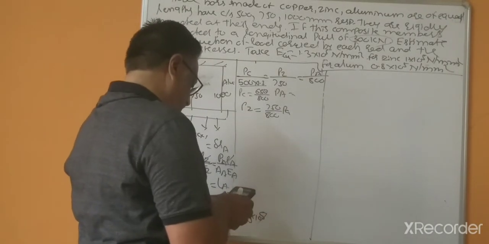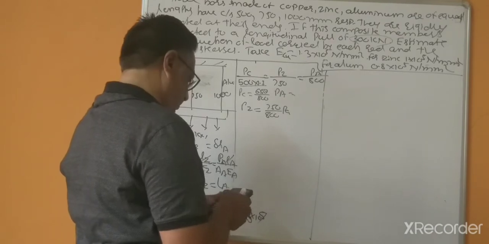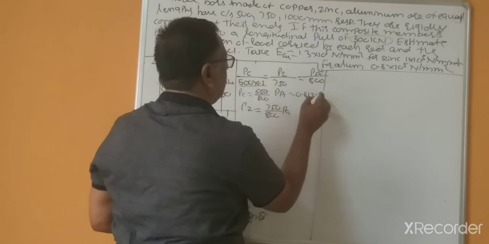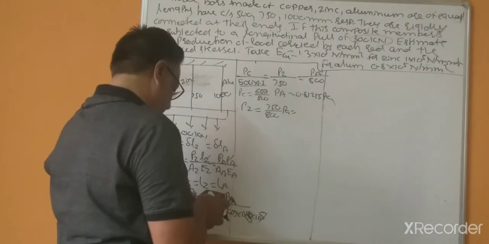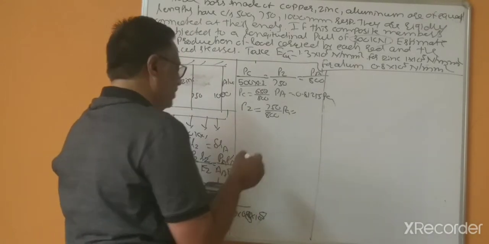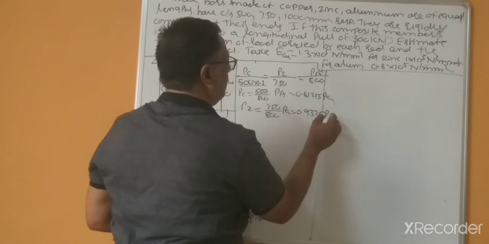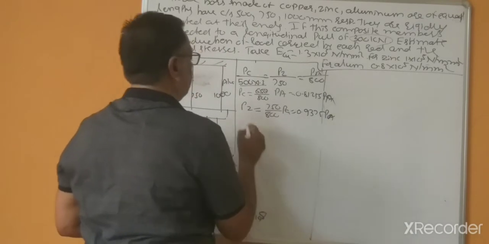So we'll see what happens. This is 0.8125 PA and this is 750 divided by 800, 0.9375 PA. Right?